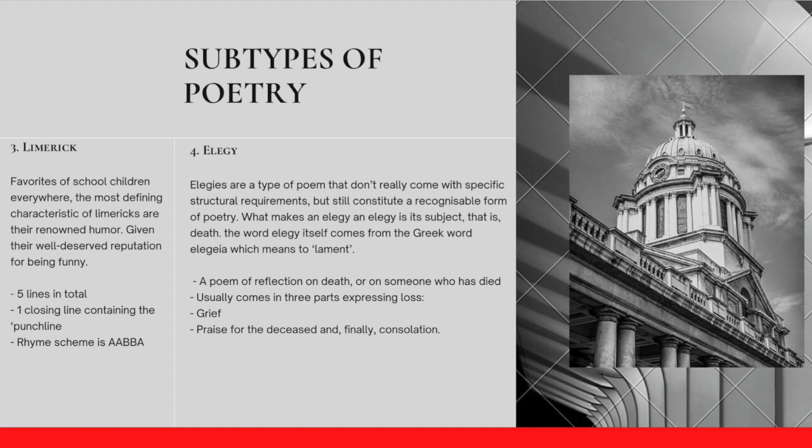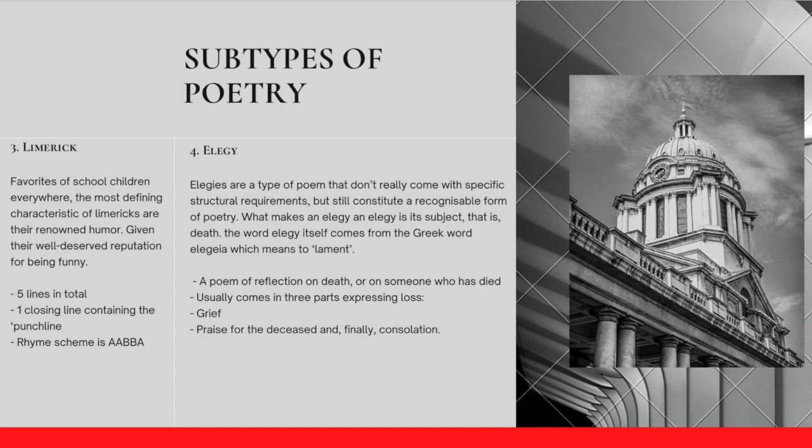Number 4 is elegy. Elegies are a type of poem that don't really come with specific structural requirements, but still constitute a recognizable form of poetry. What makes an elegy is its subject, that is, death.